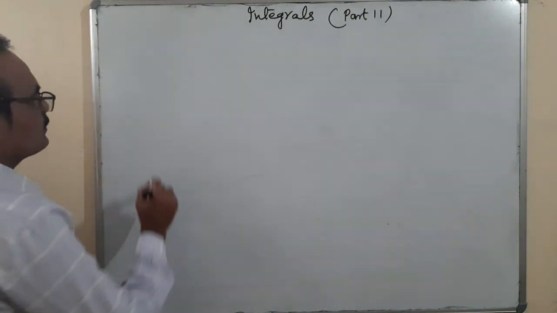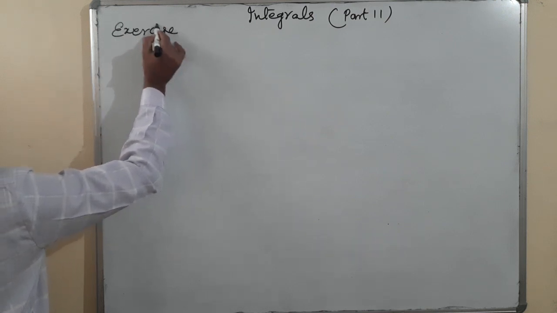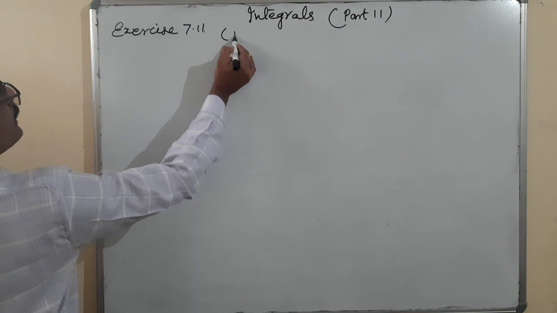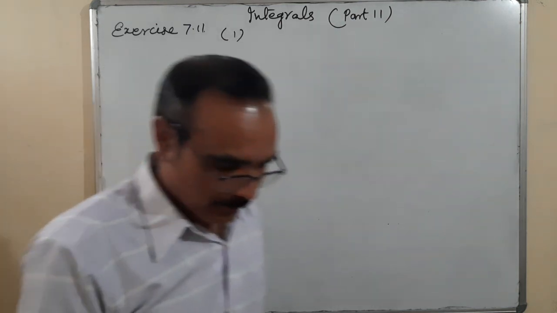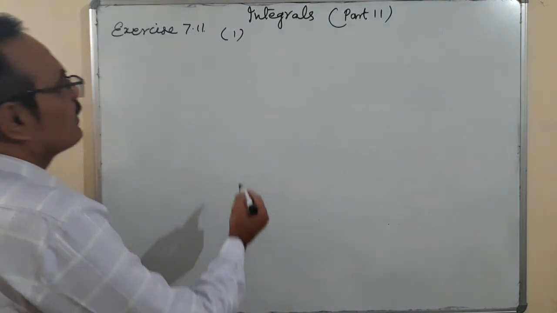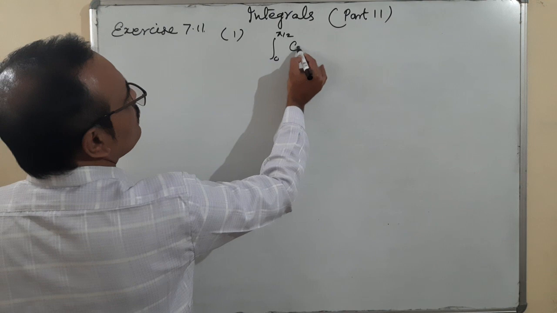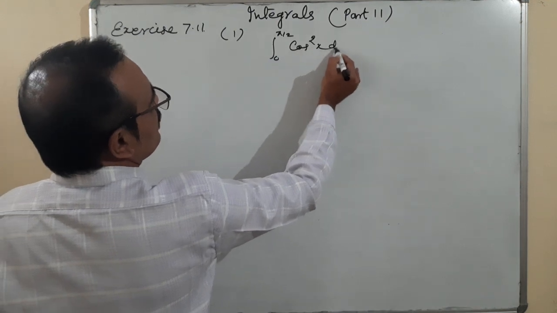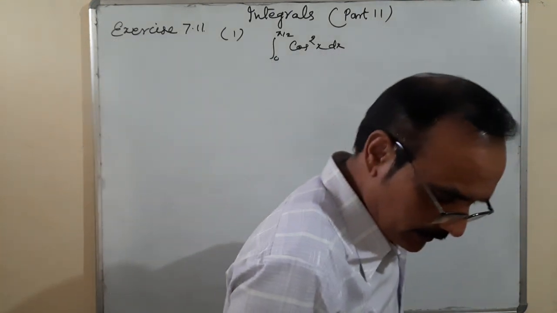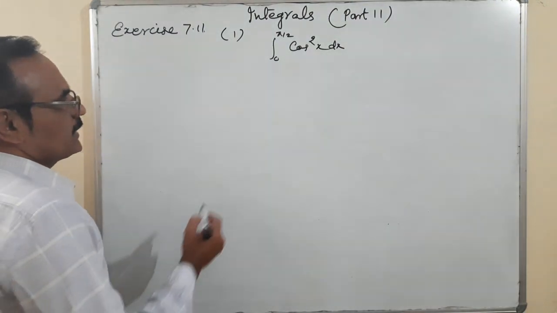Exercise 7.11. Taking question number 1: 0 to pi by 2 cos square x dx.